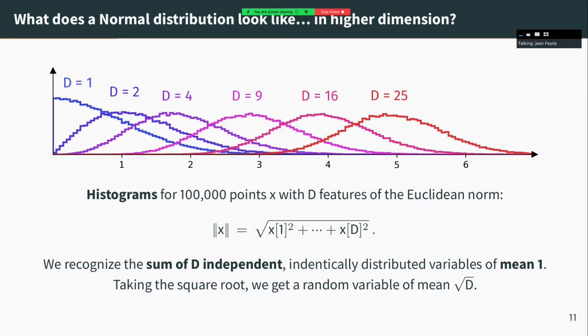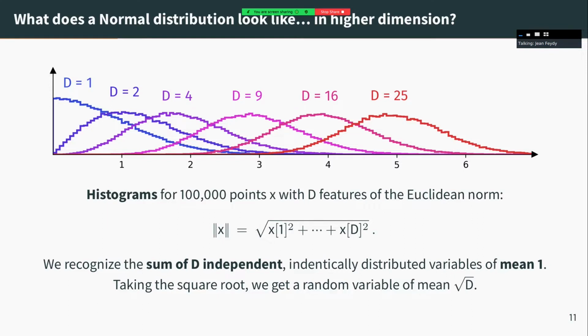And this you can understand if you look at this equation, because just looking at the formula inside the square root, we recognize the sum of d random variables, x1 squared, ..., xd squared. All those random variables are independent, this is the way I generated my table.